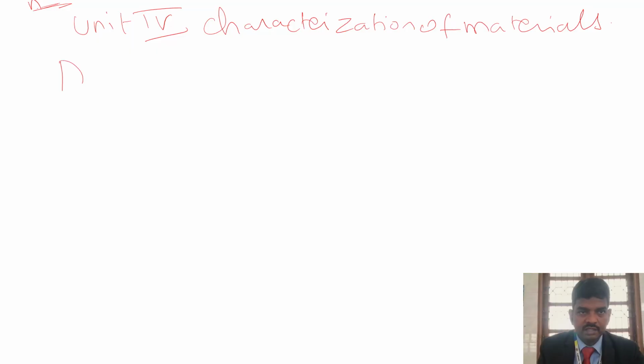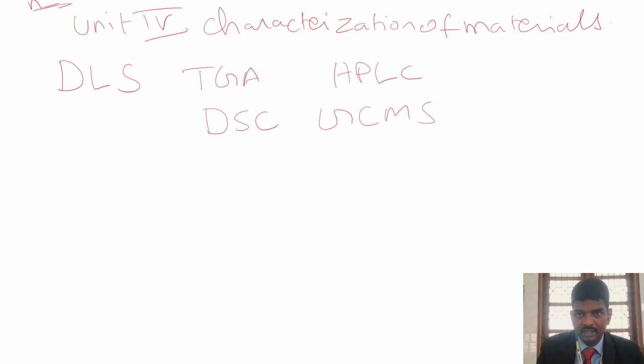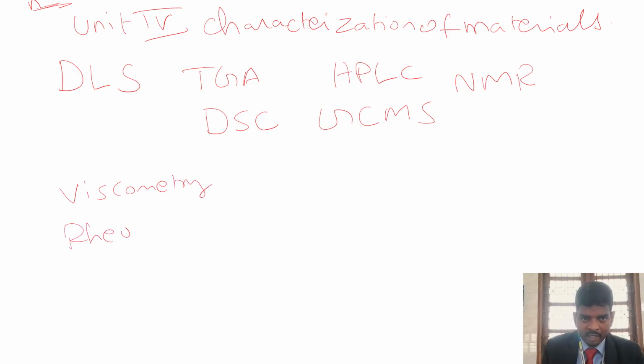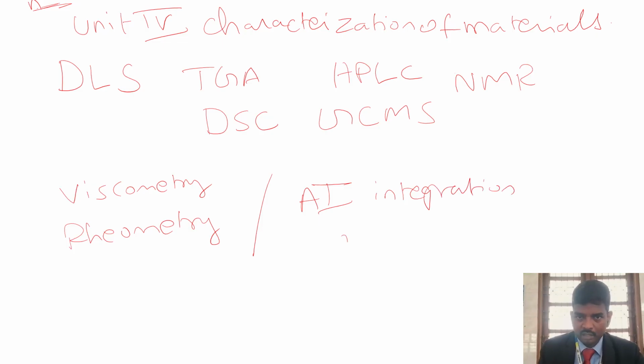The available topics are DLS, TGA, DSC, HPLC, GCMS, NMR, viscometry, rheometry. Of course, the AI integration is there. Even the AI integration is there in other units. AI integration in characterization.